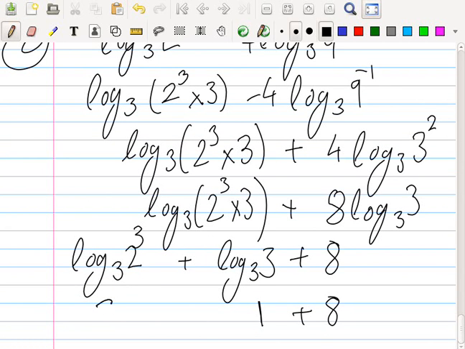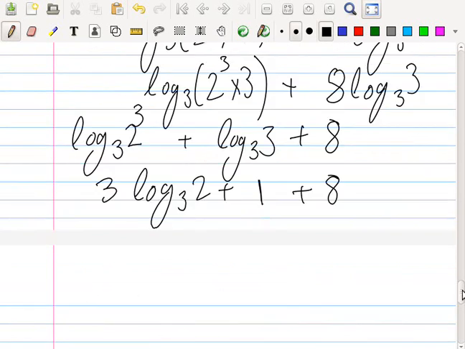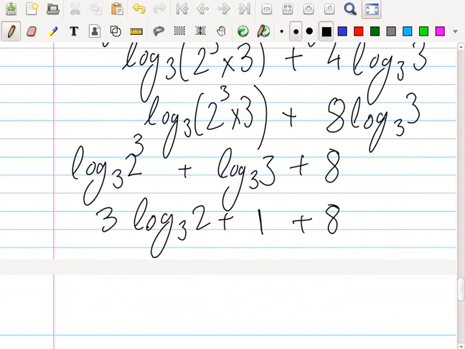Take it down. Like this. Okay. Right. Can I do anything to log 3 2? No. So I just have 3 log 3 2 plus 9.